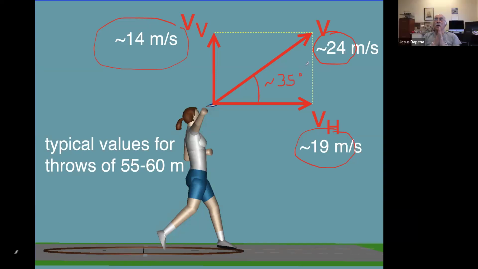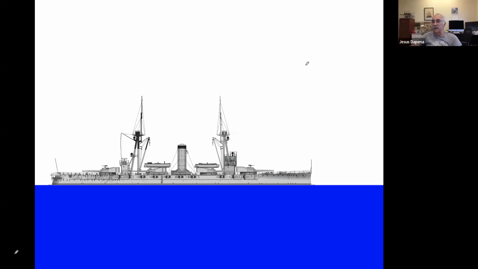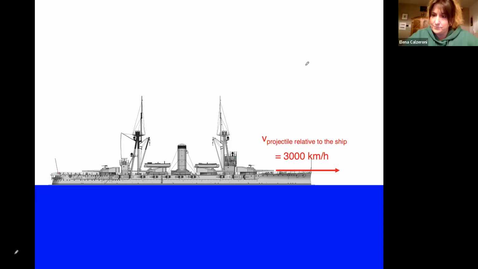Okay, so now I'm going to make an analogy between our discus thrower and a battleship. Let's say that the ship fires its cannon, and the speed of the projectile relative to the ship is about 3,000 kilometers per hour. That is, if the ship is anchored, if it's stopped, this is the speed of the projectile.